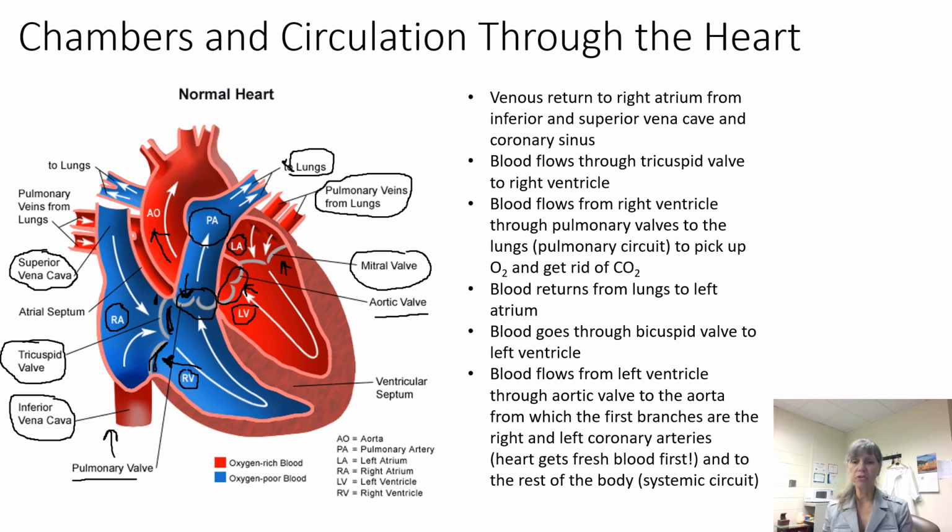The valves are really important in allowing blood to flow unidirectionally in one direction, and they also help prevent the backwash of blood so that blood can go in that one direction.